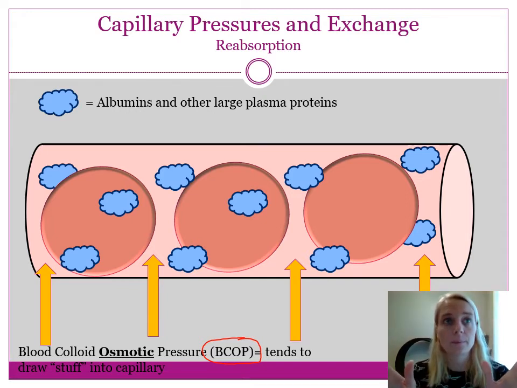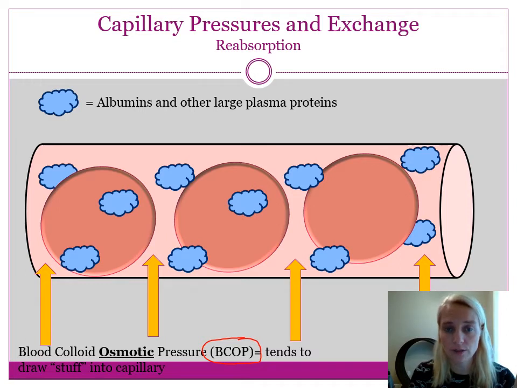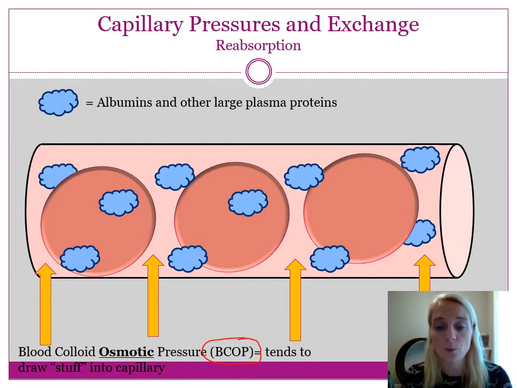So osmotic pressure, if you remember, osmosis, water moves towards higher solute concentrations. Again, just like diffusion, things like to go from high to low. Osmosis goes from high water to low water. But the other way you can see that is water goes towards a higher solute concentration, because if you have high solutes, you have low water.